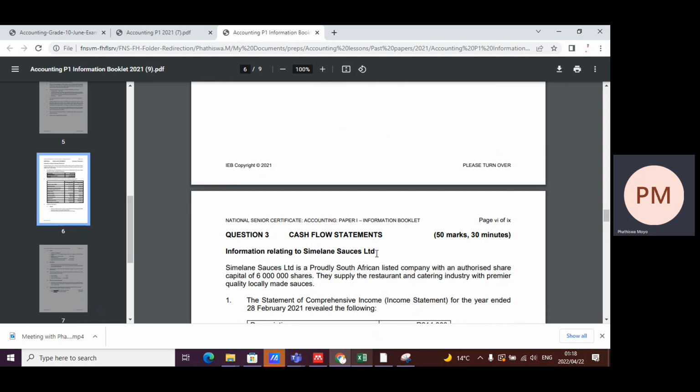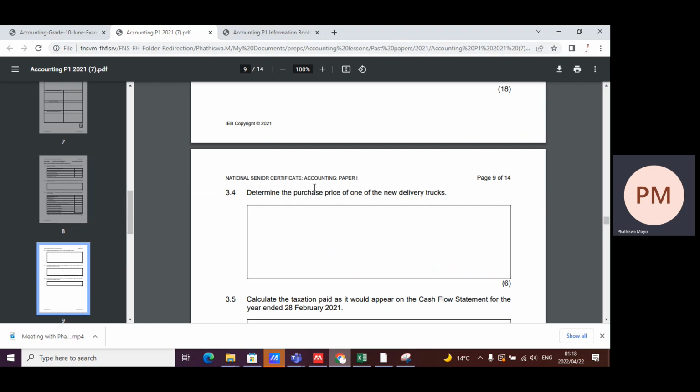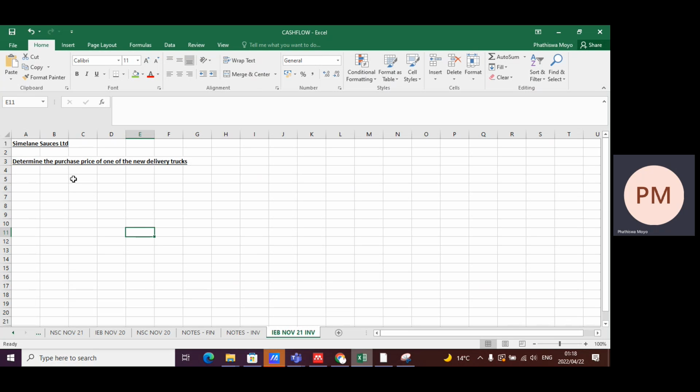It's Similane Sources Ltd. What is it that they want you to do? Determine the purchase price of the new trucks.